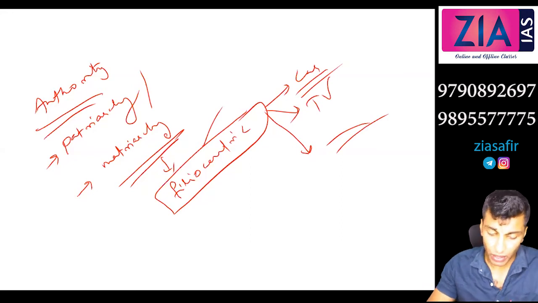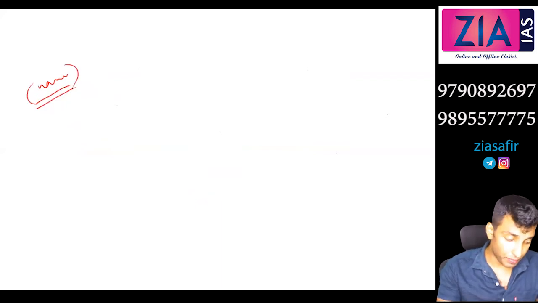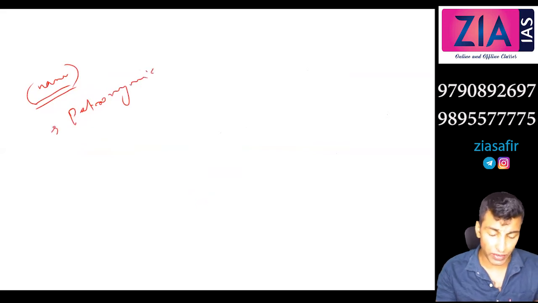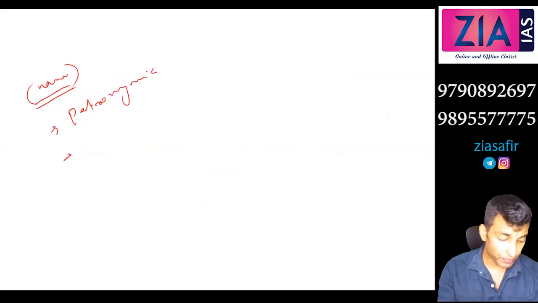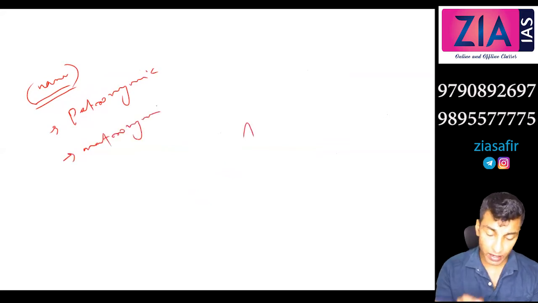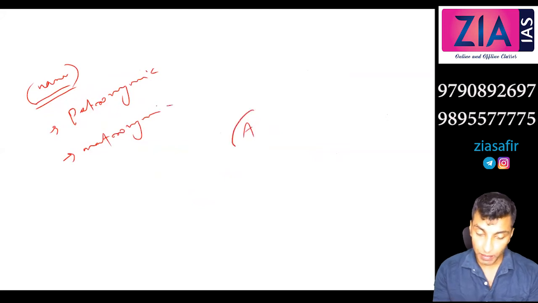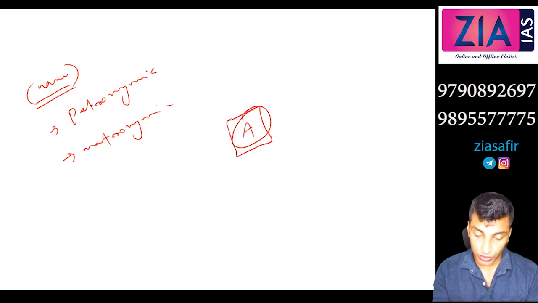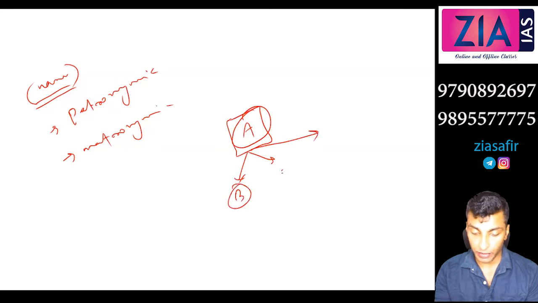Okay. Now apart from that, to recognize you in terms of name also, there are different types, like patronymic and metronymic, though we rarely use this classification. For example, this is person A, a male, marked in a square, who has different wives. Let's suppose B, C, D are different wives.